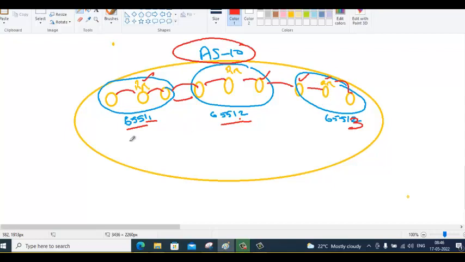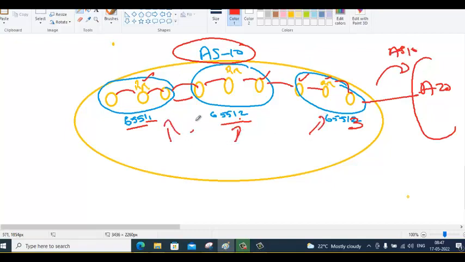So when it advertises to other ASes, it will not advertise 65512 or 13, it will advertise AS10. When it advertises to autonomous system 20, it will advertise AS10 only. It will suppress all the sub-autonomous systems.